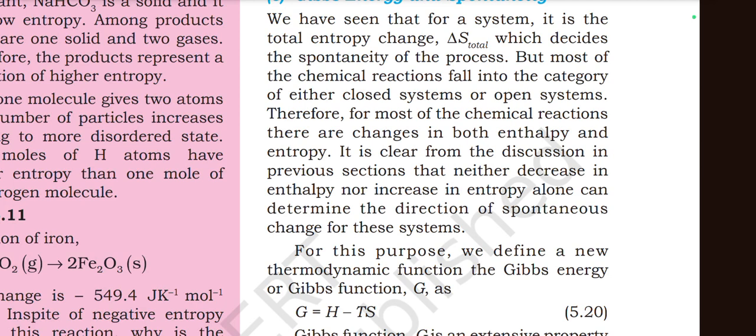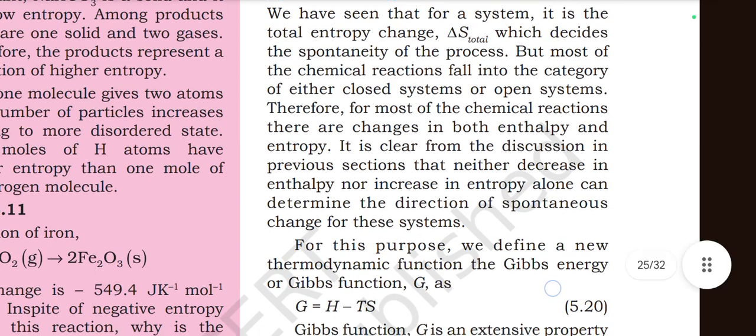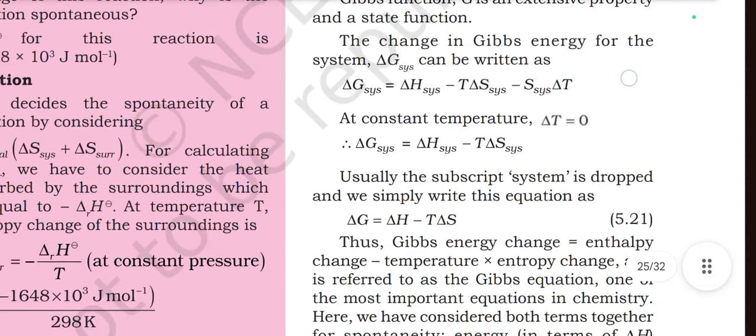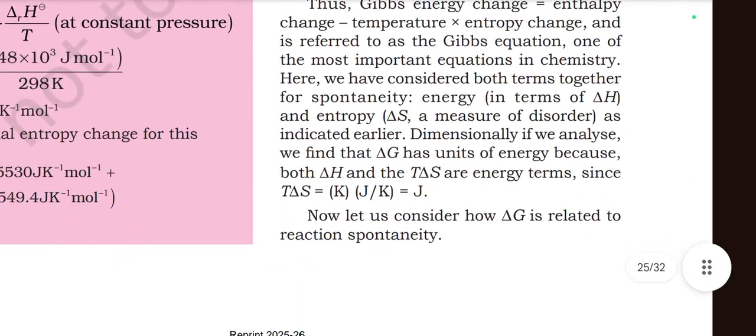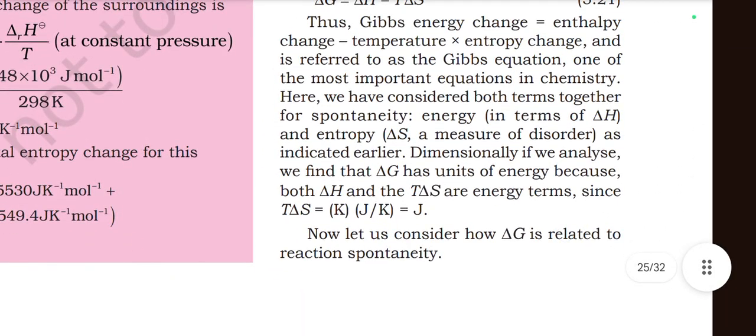It is clear from the discussion in the previous section that neither decrease in enthalpy nor increase in entropy alone can determine the direction of spontaneous change for these systems. Thus, Gibbs energy change is equal to enthalpy change minus temperature times entropy change, and it is referred to as the Gibbs equation, one of the most important equations in chemistry.